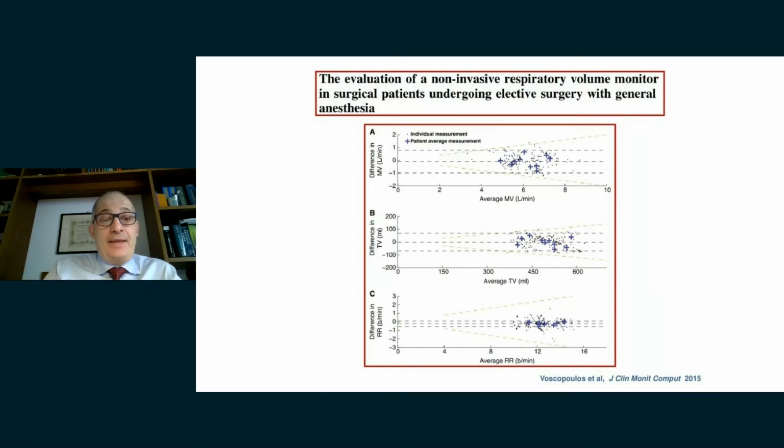In the left part is the difference, so the bias between the two systems, while in the lower part is the average of the measurement. And as you can see, the error between the two devices was quite low.